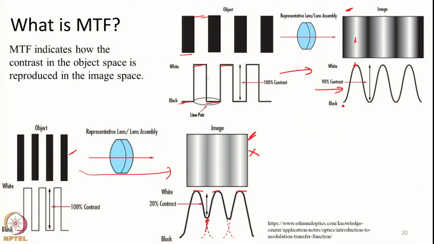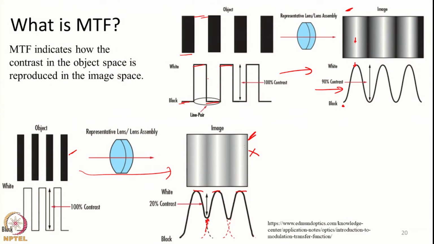But as I told, all sensor elements come with their own limitation. There will be a variation in the grey tones. Black is an extreme low value, white is an extreme high value, but in between there are just grey tones. So, in the image space the grey tones are not reproduced properly. This will determine the MTF, and as we know, if the MTF goes lower and lower, this MTF is a little bit higher than this particular MTF.